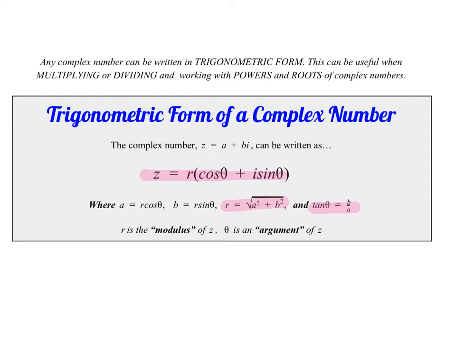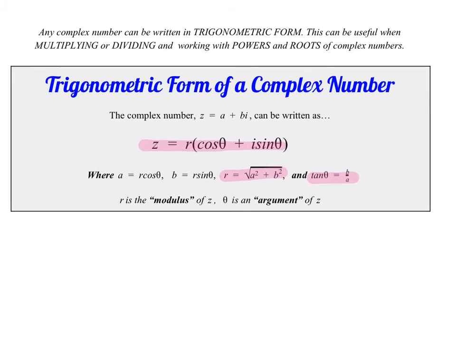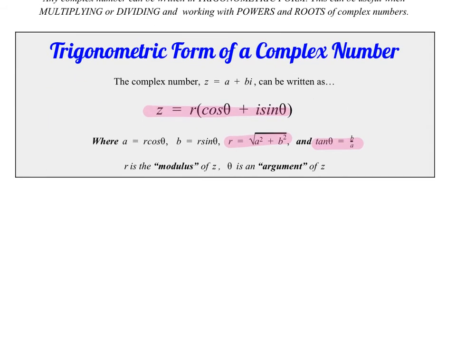Now I just want to talk for a second about where all of this comes from. Remember, we're working with some imaginary number a plus bi. Let's say that it is right here. So a plus bi would be the coordinate (a, b) in the complex plane. Really what's happening is we can always form a right triangle where this leg is a and this leg is b.